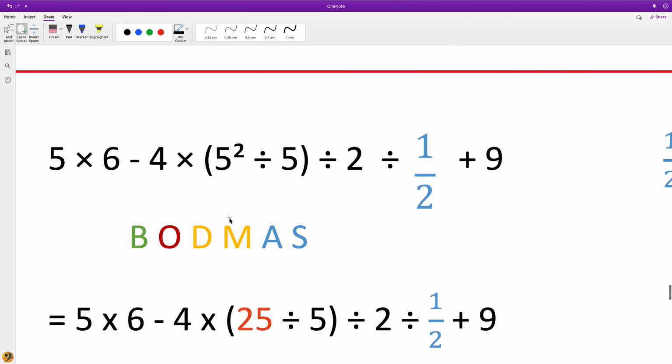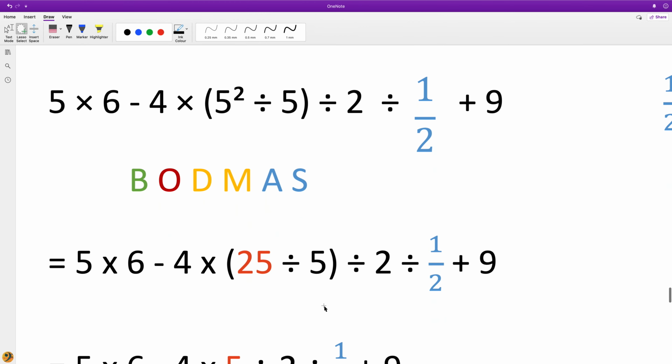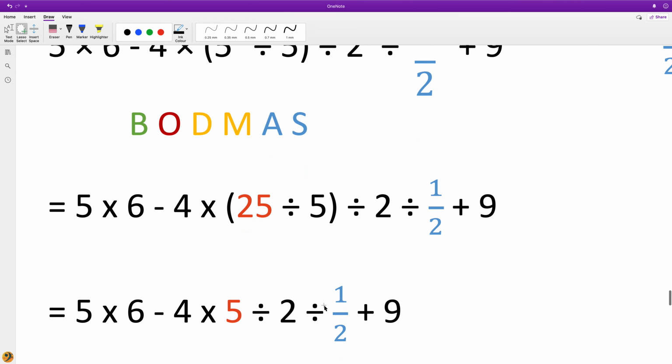Now that we've removed the order and we've made this 25, now we need to evaluate this part here, what's in the brackets. Okay, so the next step will be evaluating 25 divided by 5. So the next line of our working out looks like this. Once again, we just type in the rest of our numbers in our operation.